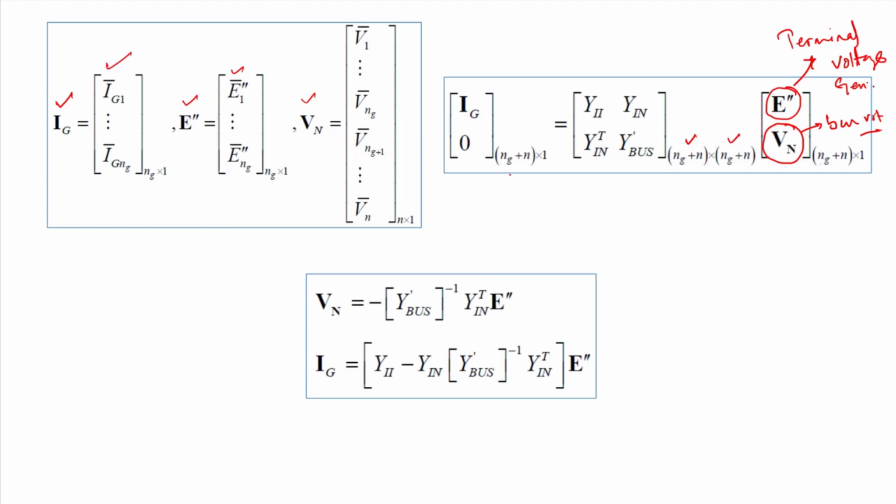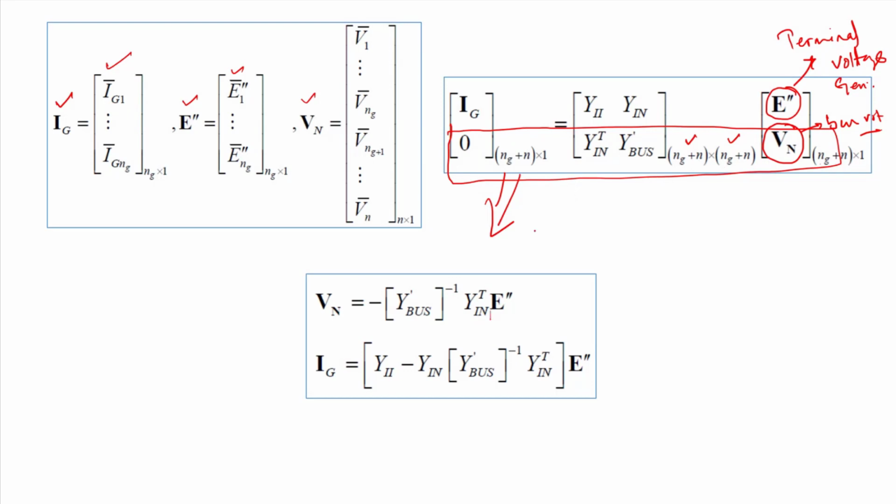Now from this equation, I can segregate Vn, and again I'll substitute Vn in Ig, right? From the second row, I can segregate Vn. So if I write Vn from the second row, Vn will be equal to minus Y bus dash inverse Yin transpose E double dash, right?